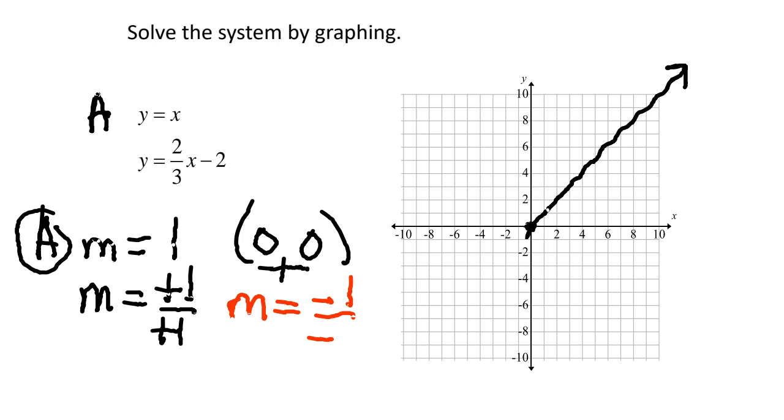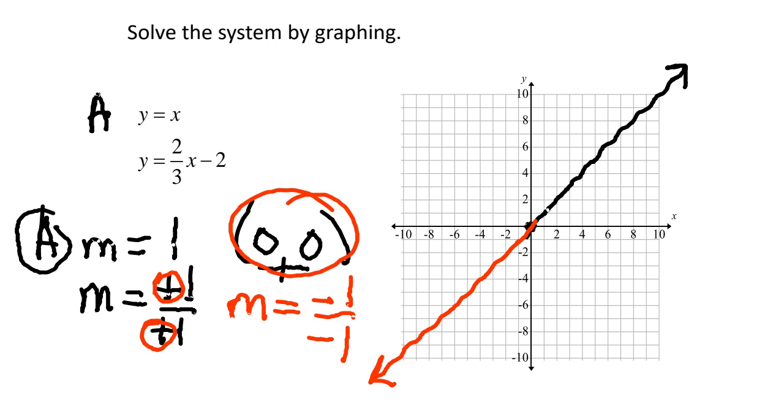I change the sign. That's going to give me a point right here, which means that goes there. I have to go right of this point. That's my y-intercept. The black takes me right, the red takes me left of the black point.